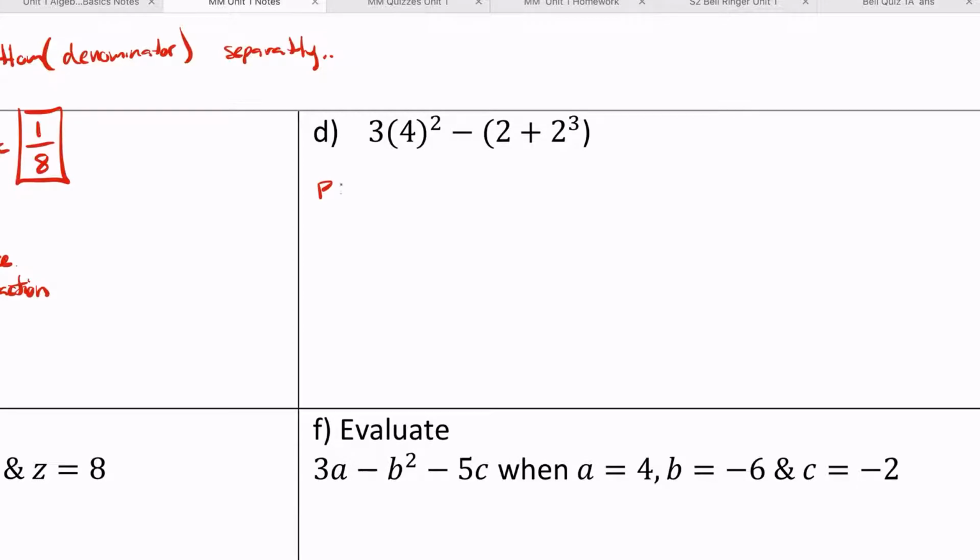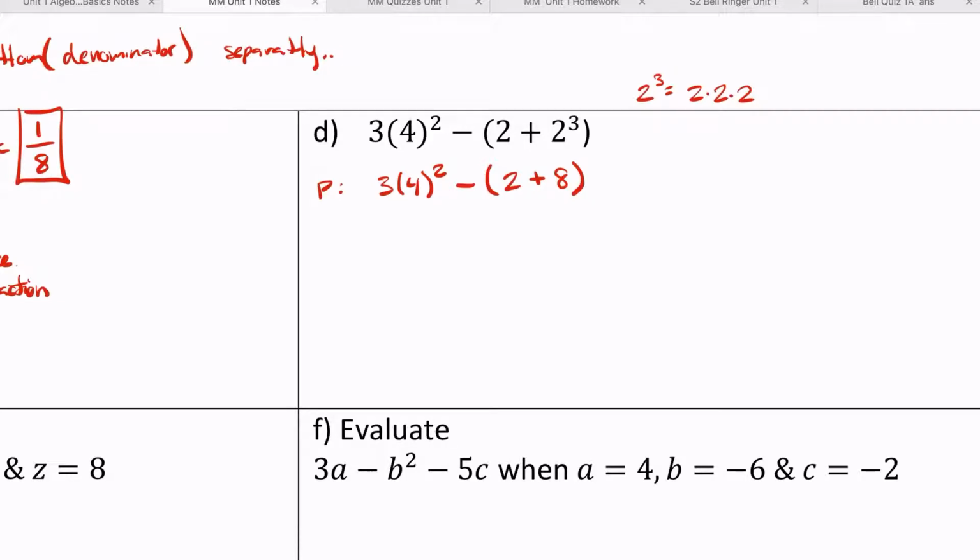Okay, so we'd evaluate what's in the parentheses. 3 times 4 squared. So that parentheses is already simplified. And then we're going to evaluate what's in here. So we have 2 plus, and we want to do exponents first. So we'll do that first. 2 to the third, that is the same as 2 times 2 times 2, which is 8. Okay.